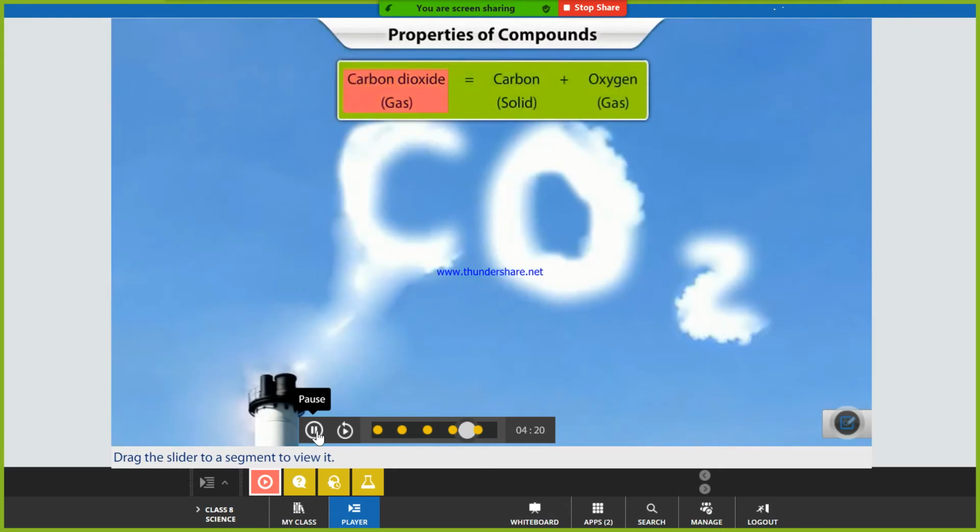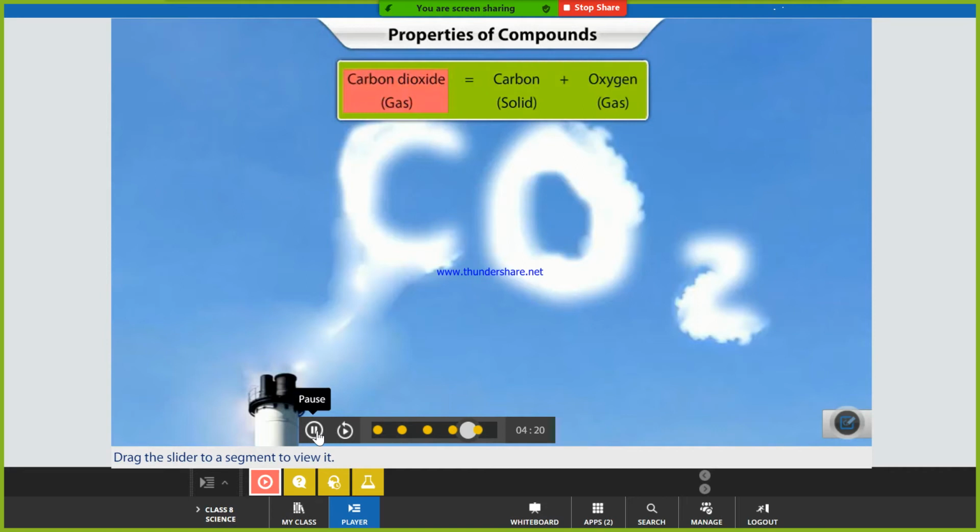Next, in the examples of properties of compounds, the formation of carbon dioxide. Carbon is solid in nature, and with oxygen molecules it gives carbon dioxide.